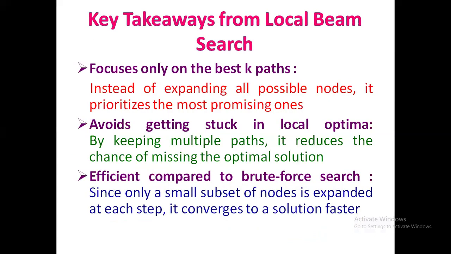So what are the key takeaways from local beam search? Local beam search focuses only on the best K paths at each step instead of expanding all possible nodes. This selective approach ensures that the algorithm prioritizes the most promising solutions based on heuristic evaluation. By maintaining only the top K candidates, it reduces computational overhead and directs the search efficiently toward optimal or near-optimal solutions.